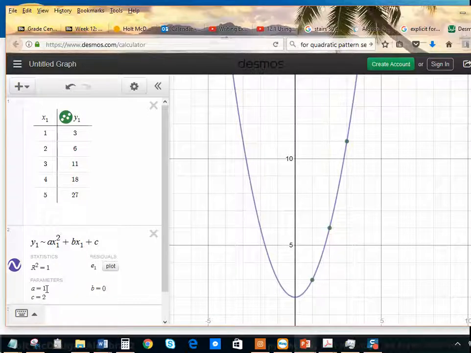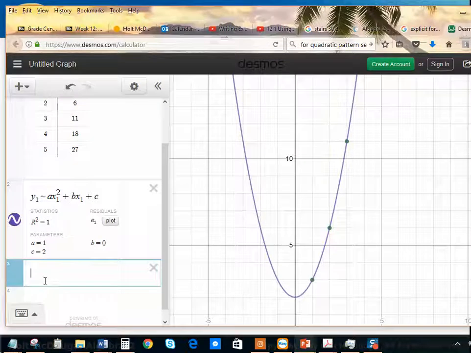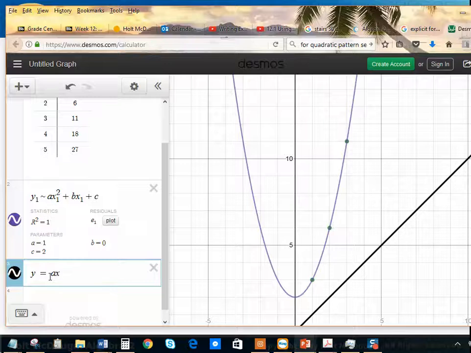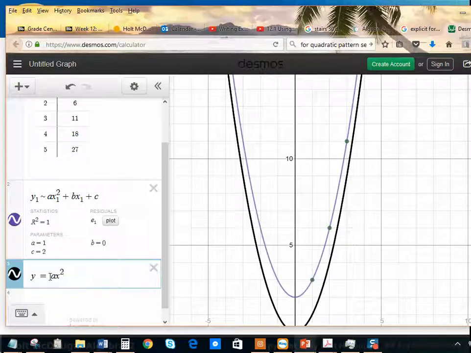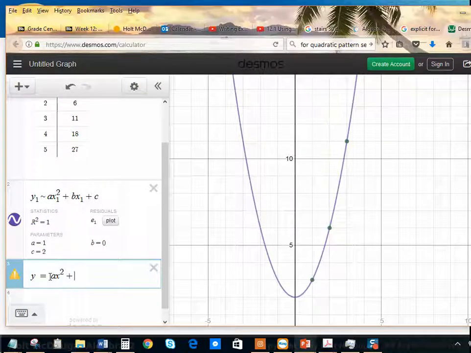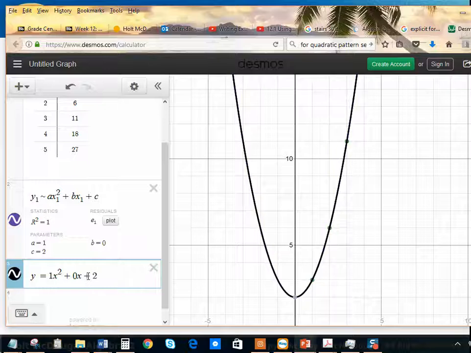And they give us values for a, b, and c to use as your equation. So the equation for this would be, I'm going to use y right now, and then I'll go back to the worksheet. Oh, I forgot to put that a would be 1. b is 0, so we don't even need that. Plus c is 2. And it fits that exactly.